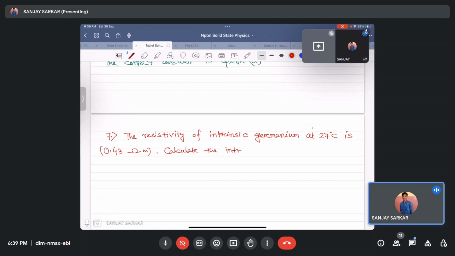Calculate the intrinsic carrier density at 27 degrees centigrade.